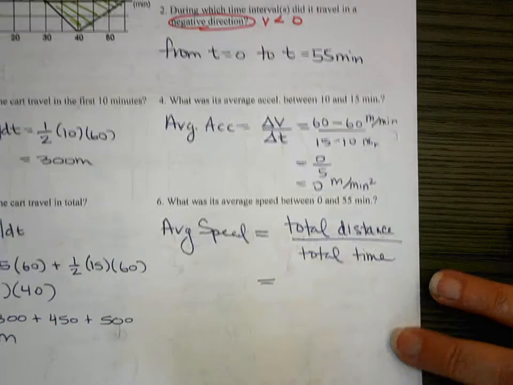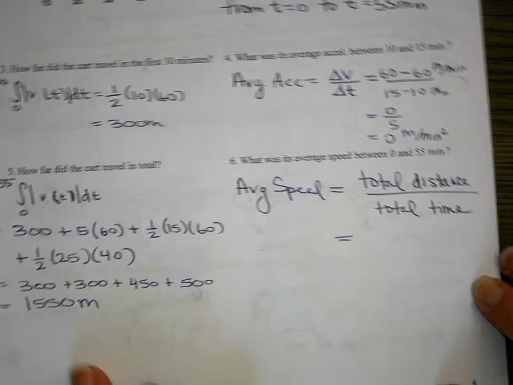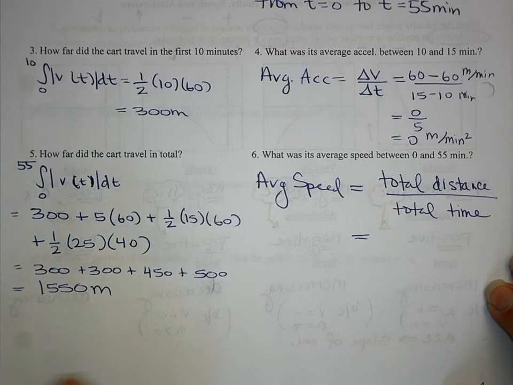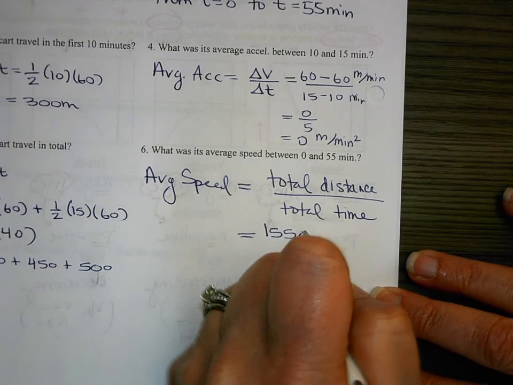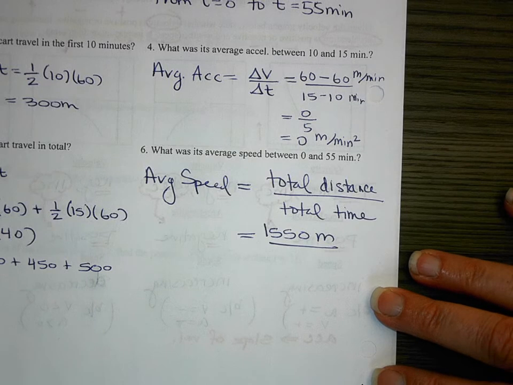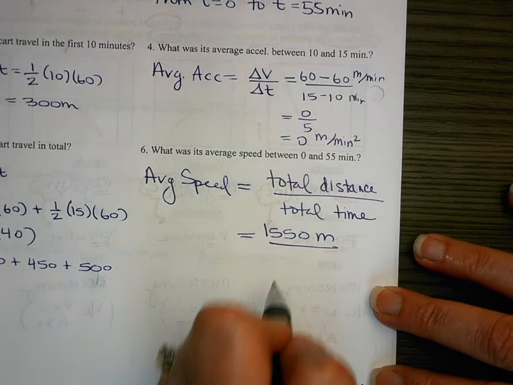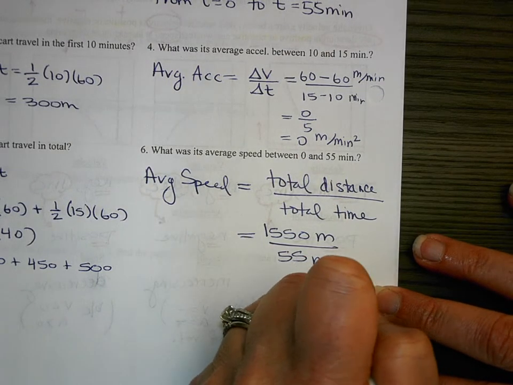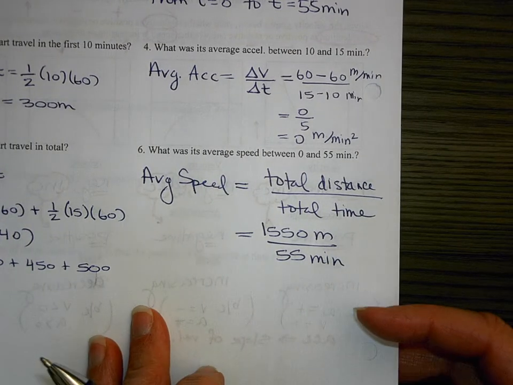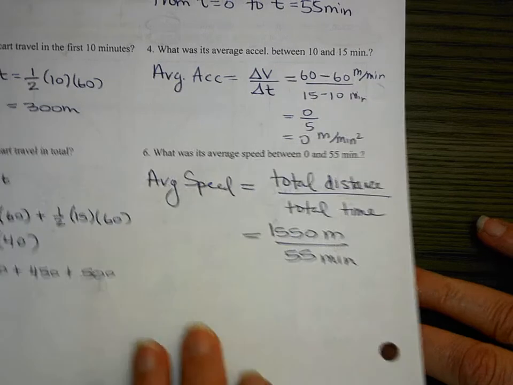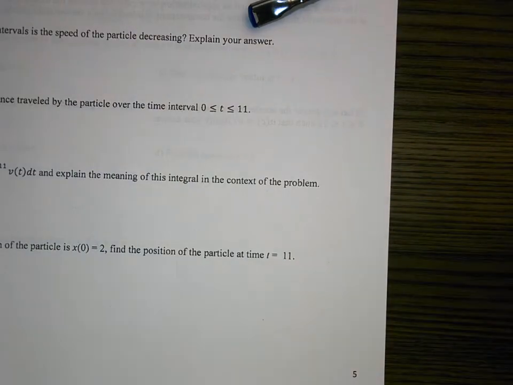From question number 5, we knew the total distance was 1,550 meters, right? And then that total time, because we went from 0 to 55, would be 55 minutes, the change in time. And so whatever that particular value is, that would be our average speed. And again, we can leave it like that. We don't need to have a number value unless it was multiple choice. Okay, all right, and then let's take a look at the next question.